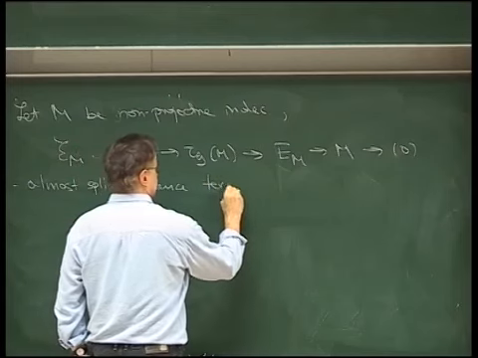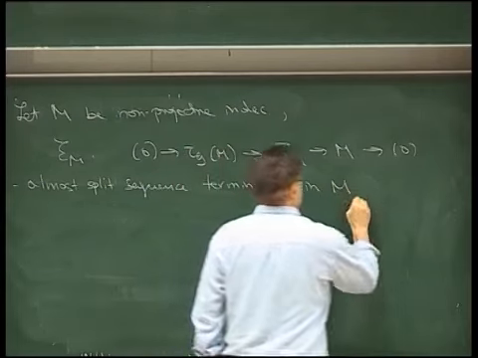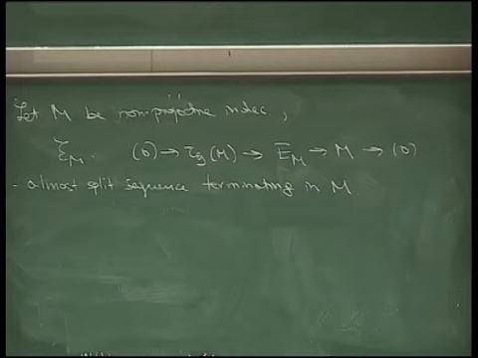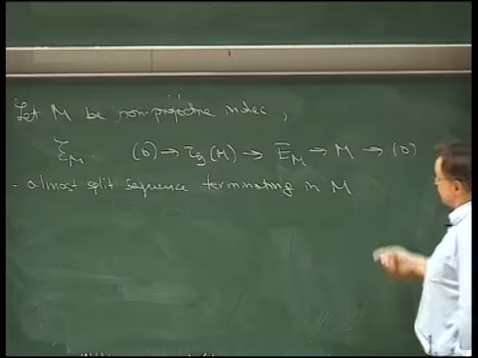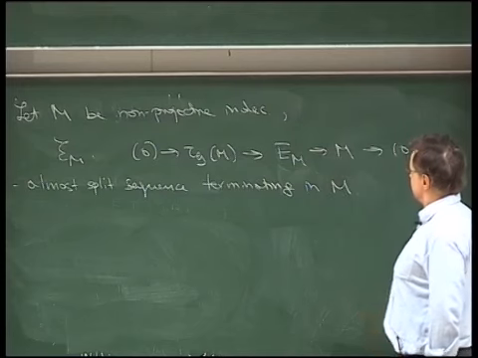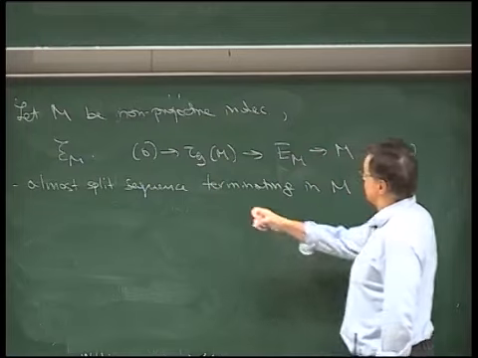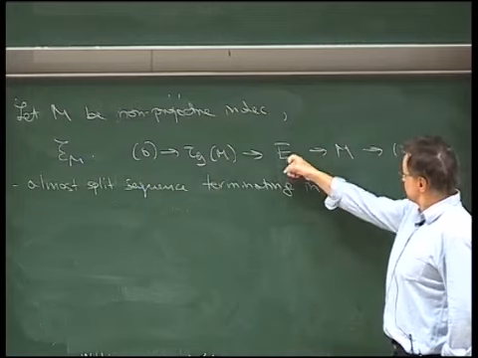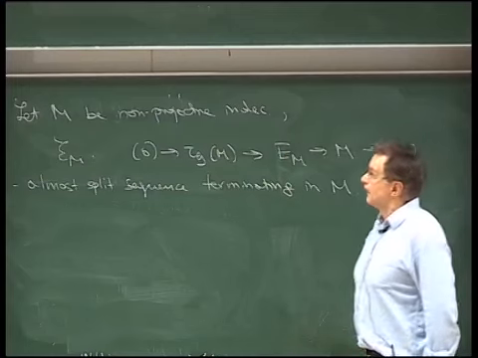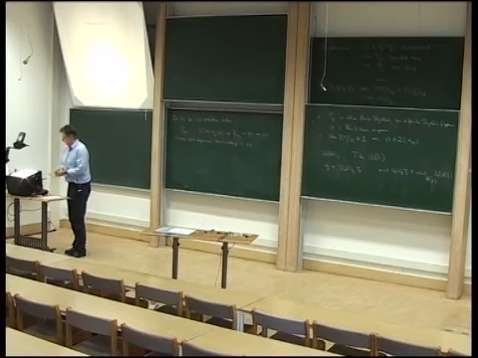Terminating in M. So these almost split sequences are related to the structure of the Auslander-Reiten component of M, namely the predecessors of M or the successors of tau_G of M are just the non-projective indecomposable summands of E_M. So when we go back to this example here, you have an almost split sequence starting here.